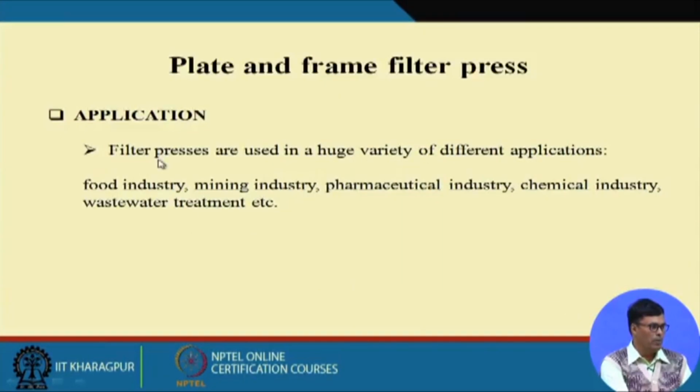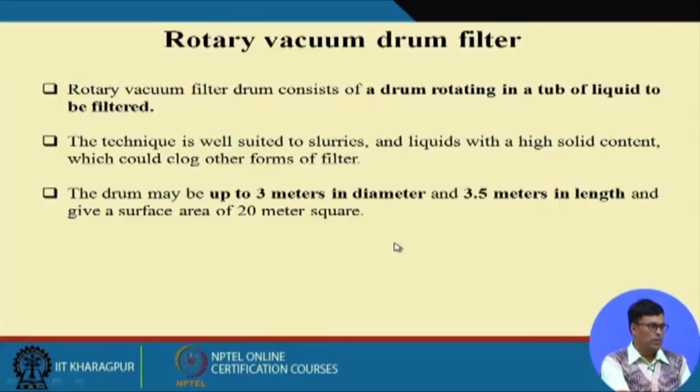The filter press is used in a variety of different applications: food industry, I told you, baker's industry, mining industry, pharmaceutical industry, chemical industry, wastewater treatment process. Then rotary vacuum filter, this is another very important filter that is used for the separation of the cell mass.